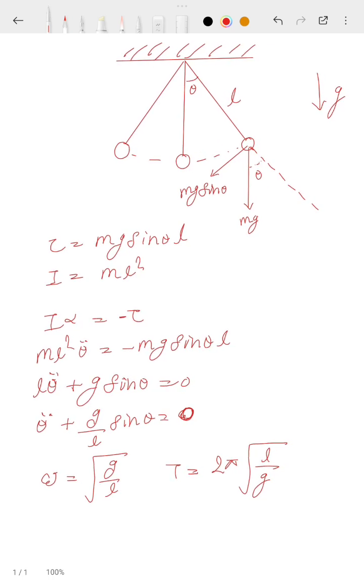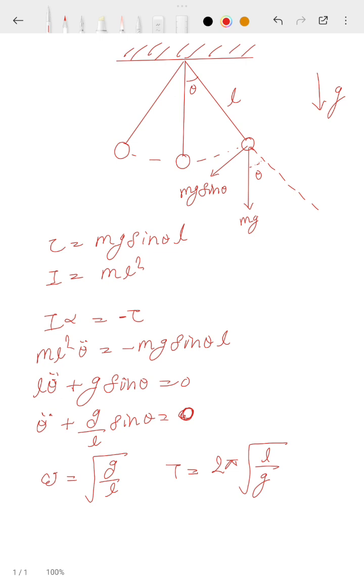is that we can imagine a hypothetical case where g changes with space. Here we are considering a particular value of g at every position. If you consider the same g at every position, the time period and omega also will not change according to the space.